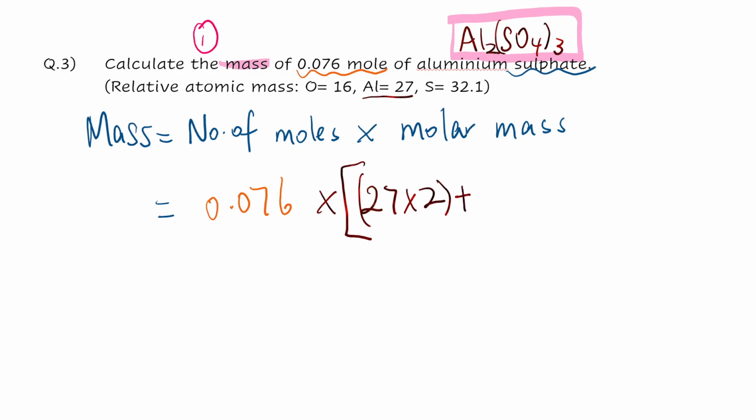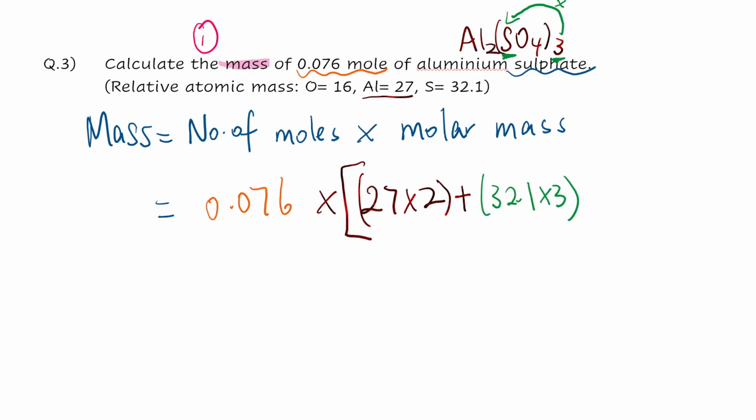And then sulfur. How many sulfur atoms are there here? You might say, sir, there's just 1. But don't forget, this 3 stands for that there are 3 sulfur atoms there. Remember, it's going to be times here. So let's write it down. 32.1 is the relative atomic mass of sulfur, times 3.